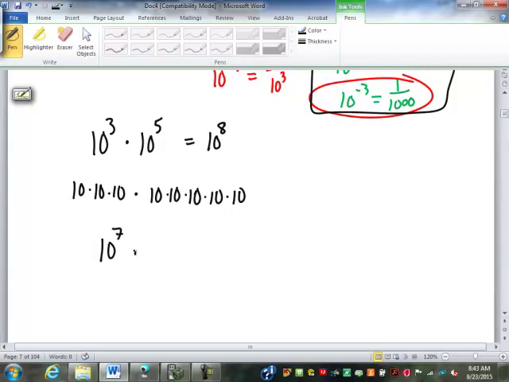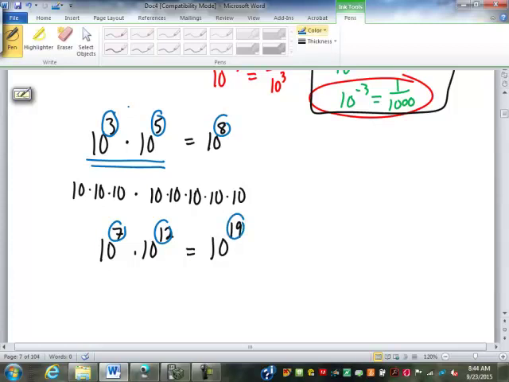If I had 10 to the 7th times 10 to the 12th, what am I going to get? 10 to the 19th. Do you see a pattern developing here? Yeah, when I'm multiplying exponents, the powers are added together. 3 plus 5 is 8. 7 plus 12 is 19.